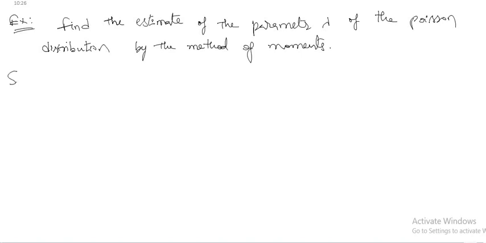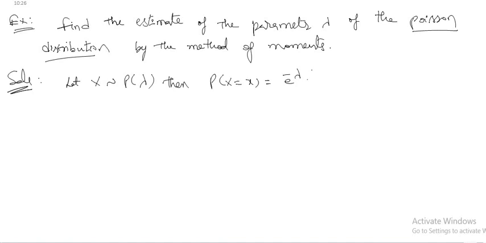Okay, right, solution. First of all, we need to write this Poisson distribution function. Let x follow Poisson lambda, then the probability function is e power minus lambda, lambda power x by x factorial, x equals 0, 1, 2, and so on. Now, either method of moments or maximum likelihood estimator, we need a sample.